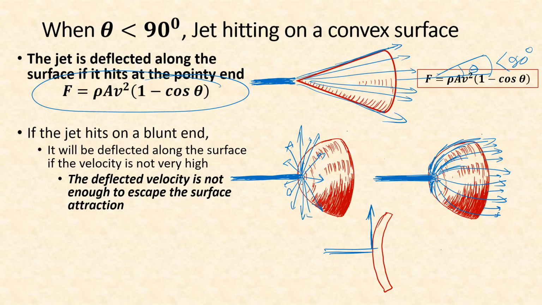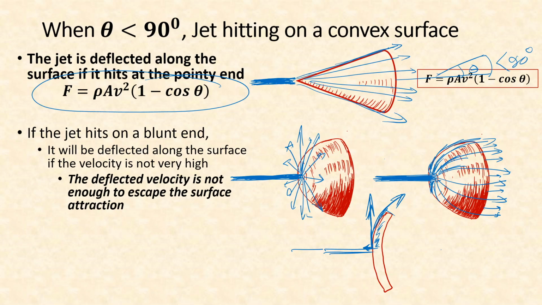Now, when this component is there, very small component away from the surface, then if the surface attraction between the solid surface and the liquid is strong enough, and if it is stronger than this component, then the water will not be able to move away, but it will be sticking to the surface.